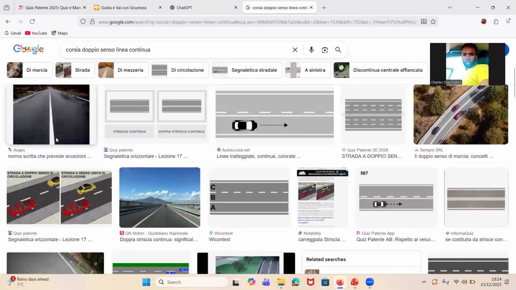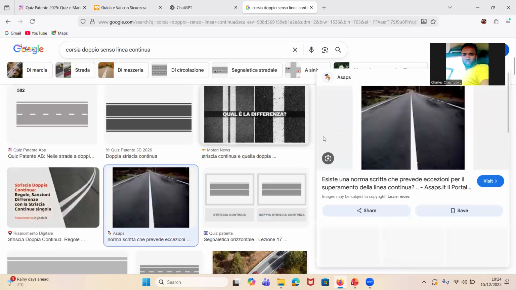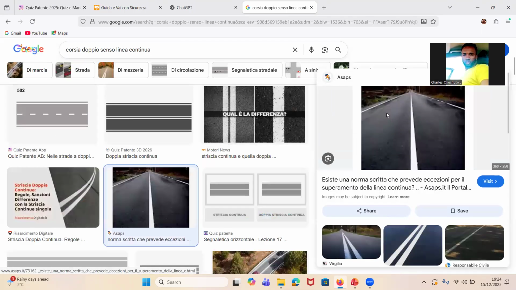Allora, look at this guy. Look at this picture you're seeing here. Remember, I said the borderline is here, the borderline is here. In the center, they put a continuous line. Remember, we're talking about double sense of movement. Doppio senso means a car goes here, a car comes back here. Don't forget, doppio senso means a car goes, a car comes back.